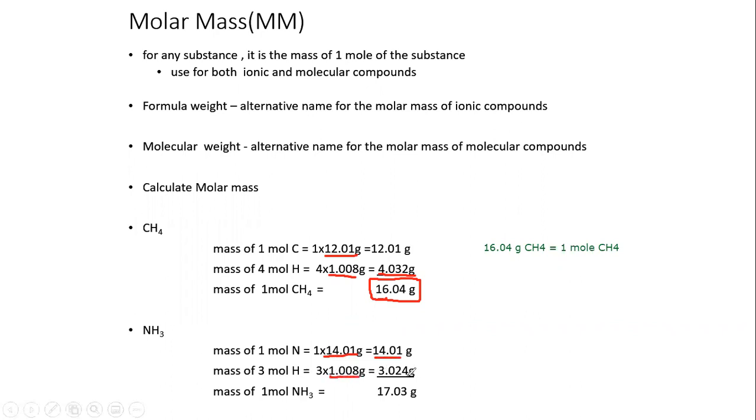So we get the total contribution of the molar mass from hydrogen, and then we add it together and we get 17.03. Again, this is like a conversion factor between mass and moles. So if you have a certain mass of ammonia and you want to find the moles, you would use the molar mass.